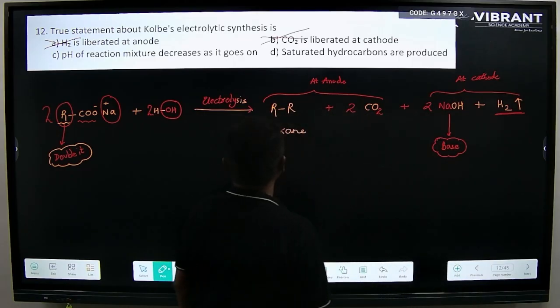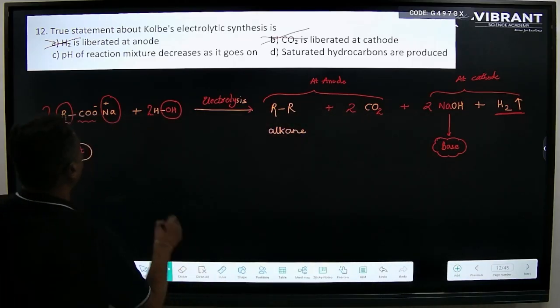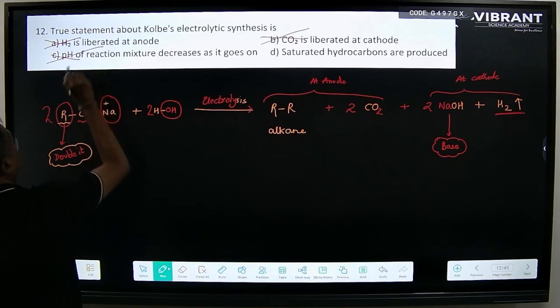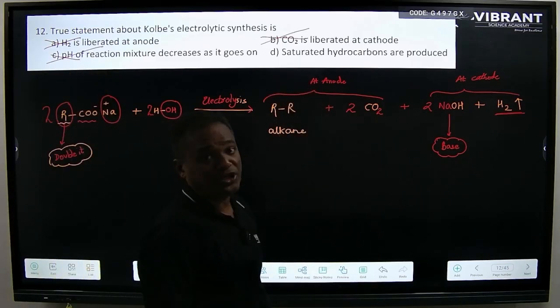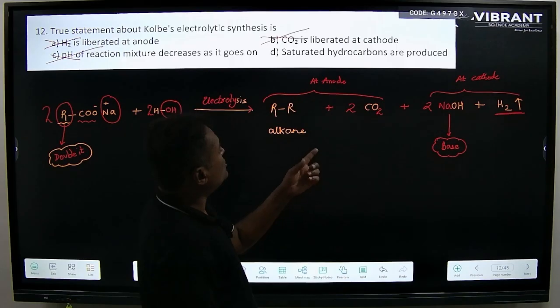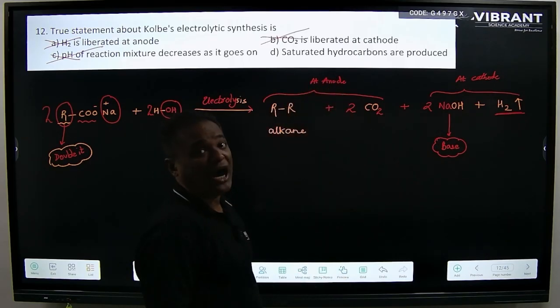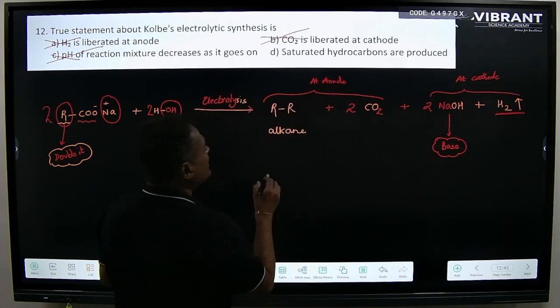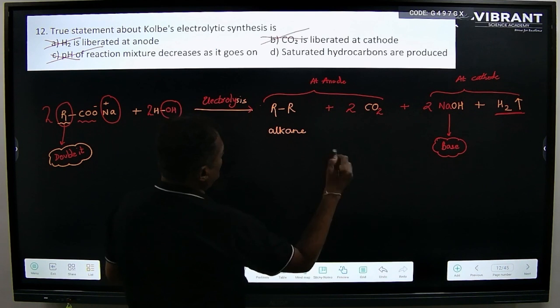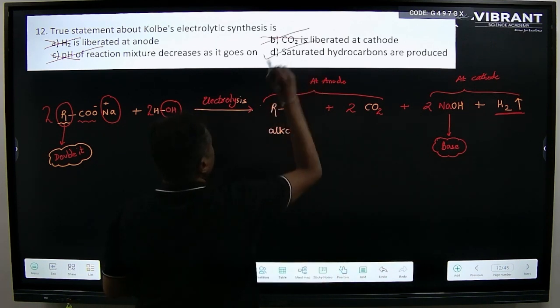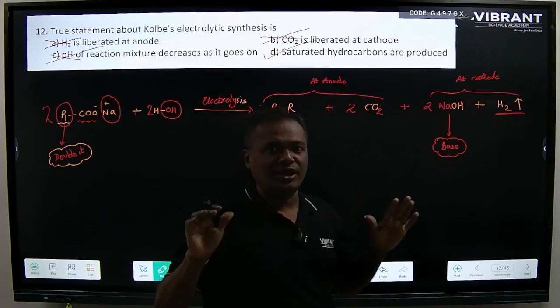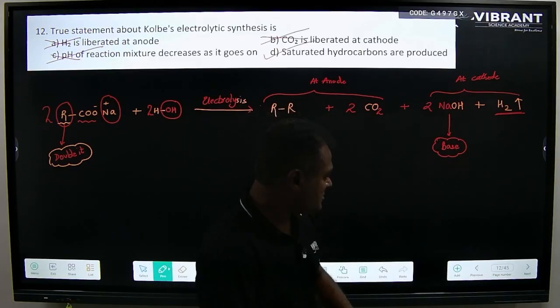So, even this statement is not correct. Now, the last one left is option D: saturated hydrocarbons are produced, and that is correct. It is a saturated hydrocarbon. Is it clear? So, your correct answer is D. I hope this is clear, child. Let us proceed with the next question.